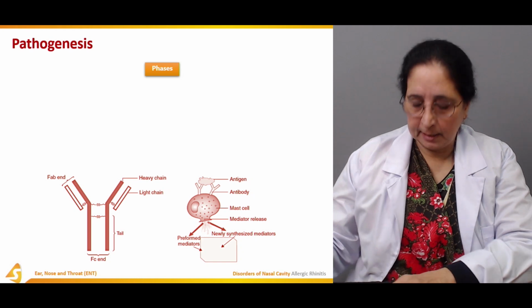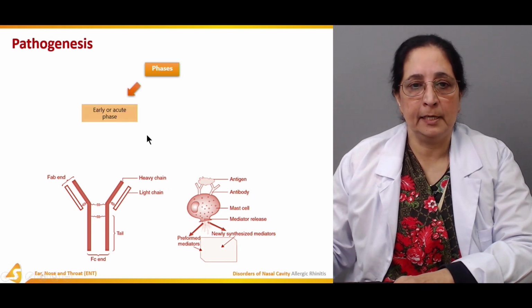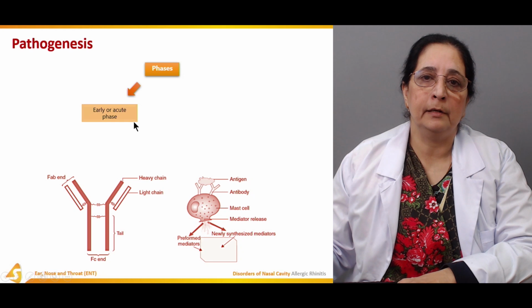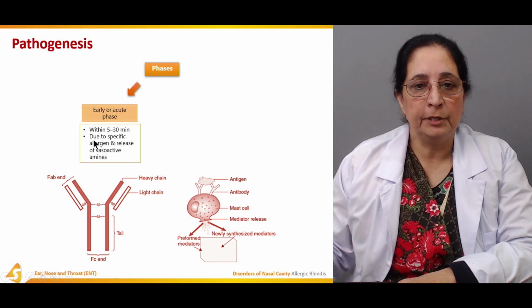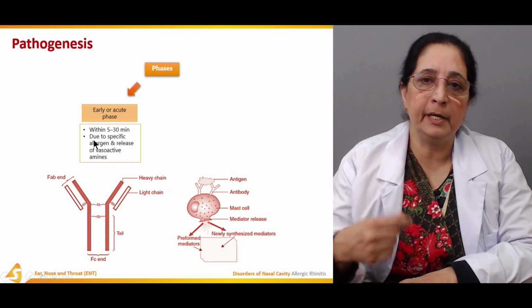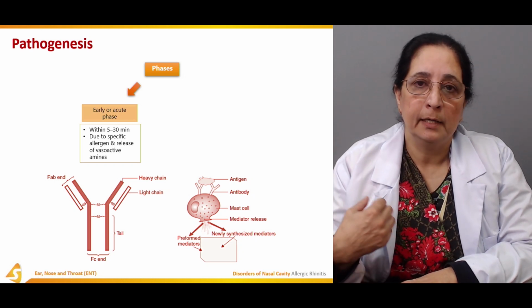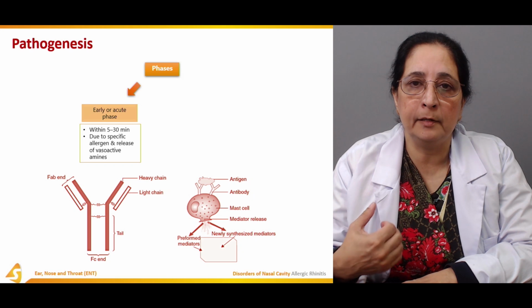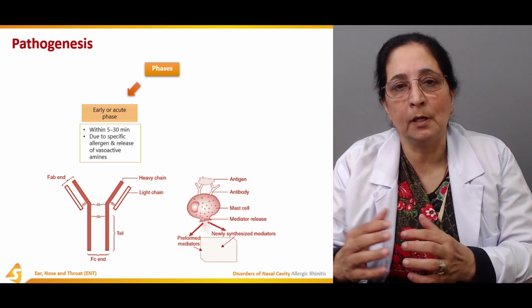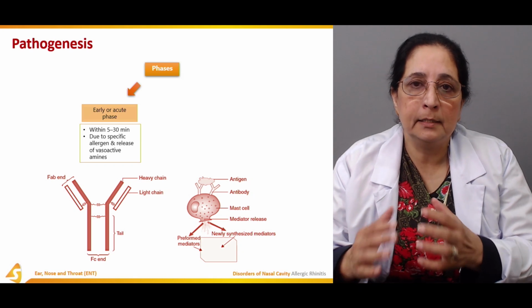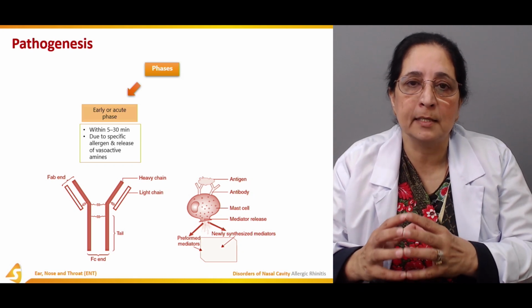Again, pathogenesis, three phases. Phases we have of allergic rhinitis, early or acute phase, which is within 5 to 30 minutes, very fast response. Some people, when they have allergic response to some drugs or medicines or other things, can respond very fast, immediate.